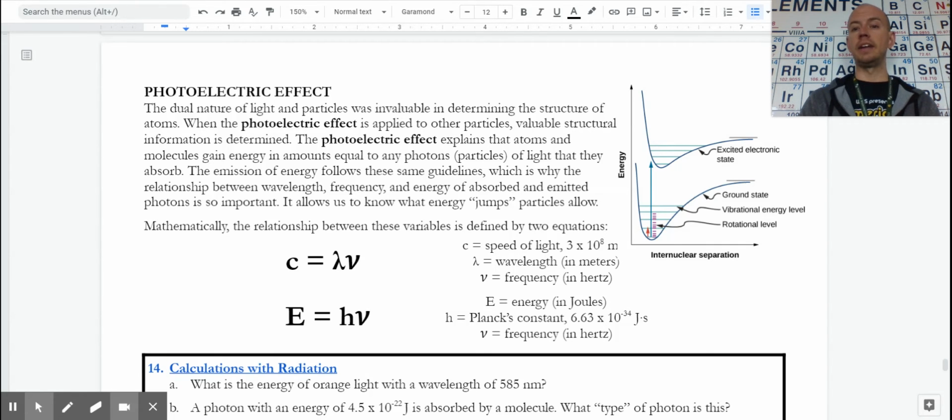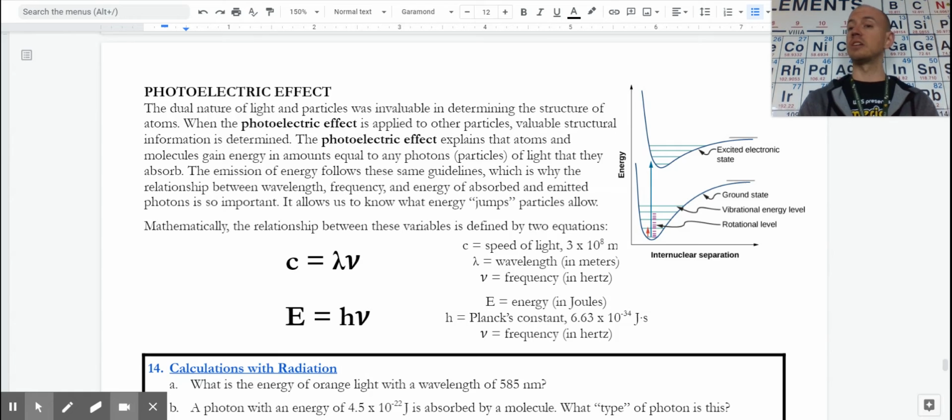So over here, we're seeing that my rotation doesn't cause big differences in my internuclear separation. But for a vibrational energy level, this is showing that I've got a nucleus right here. It could go all the way either this close or that far away if we've gained that much energy.